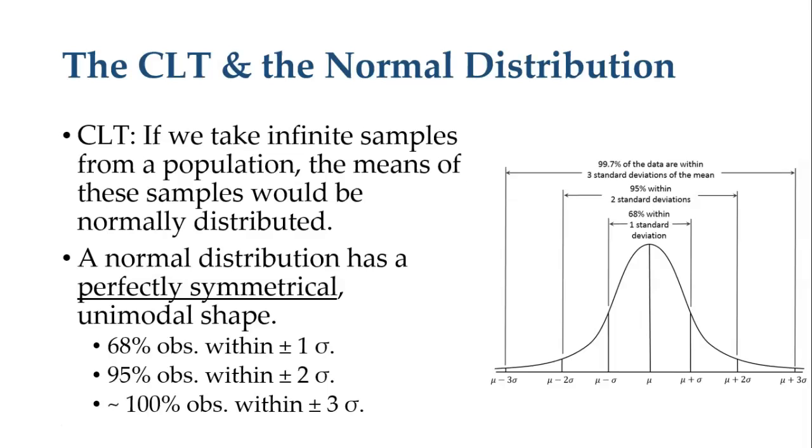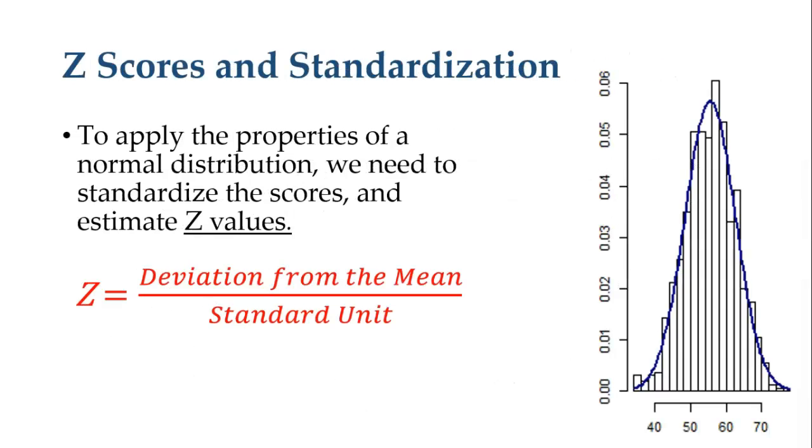The opinion of most people in that state in the sample is concentrated here. Okay, and 95% of all observations will be in a range of 2 standard deviations from the mean. And basically all the observations, almost 100%, will be in the range of more or less 3 standard deviations.